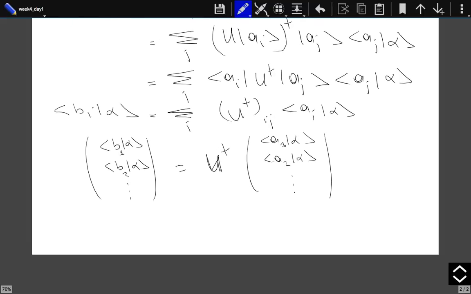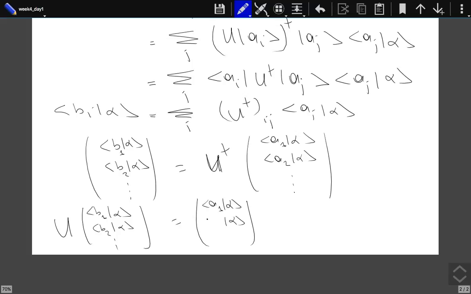Just multiply U on the left, on both sides. So you will get U acting on alpha B1, alpha B2 will be equal to alpha A1, alpha A2, etc. So basically, U takes you from one basis to the other one, U dagger takes you the other way around.